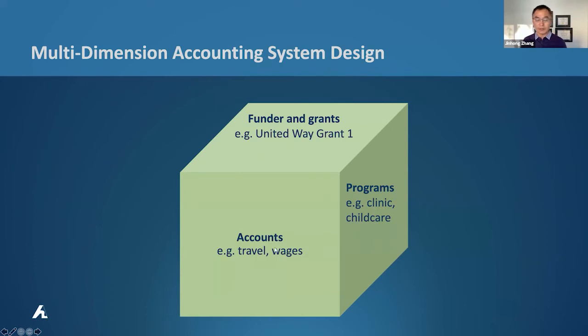Again, this is for nonprofit: you have accounts, then the programs, and then the funders or grants. And if it's a for-profit, you have accounts, different services, different products, different lines of business, and here you can have different entities, departments, or joint venture projects, etc.